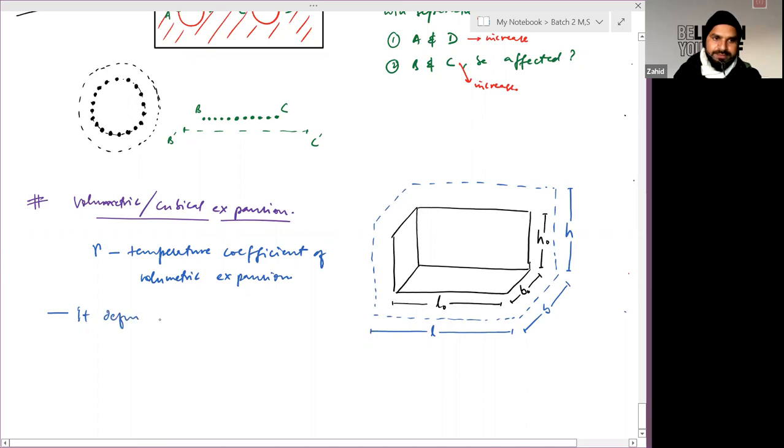So it defines the rate of change in volume with respect to change in temperature.